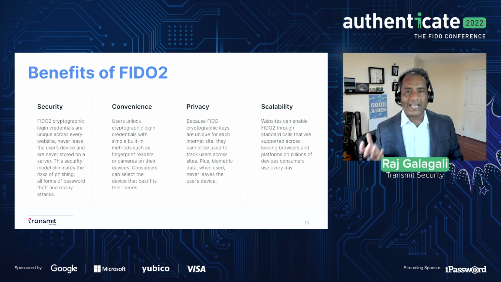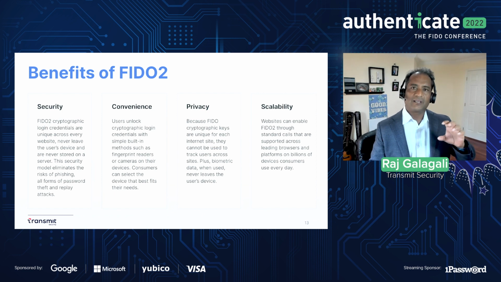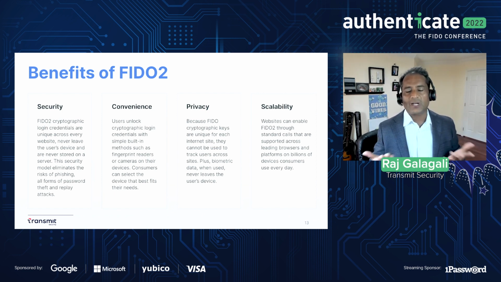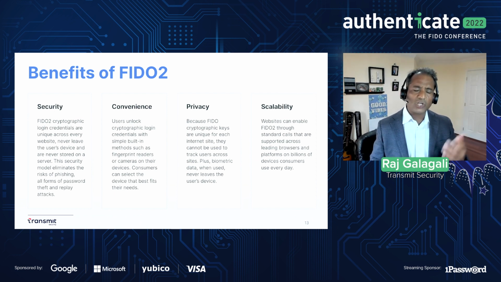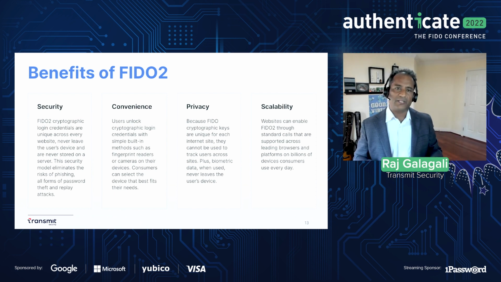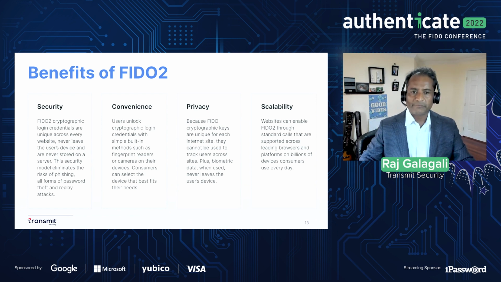That secret never leaves the user's device, whereas something to verify, which is called a public key, anyone can have it. And we'll talk about how that is leveraged in the coming slides.